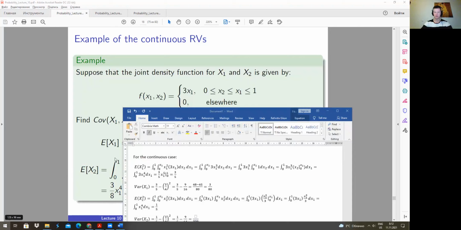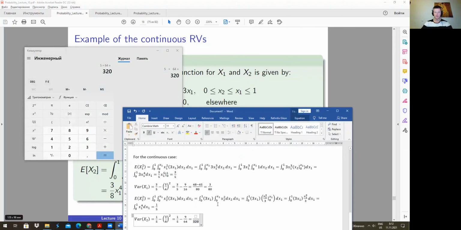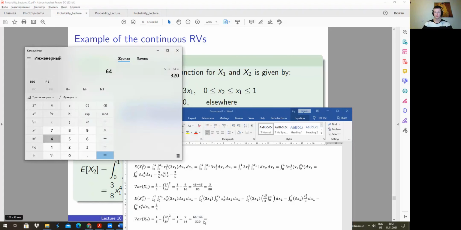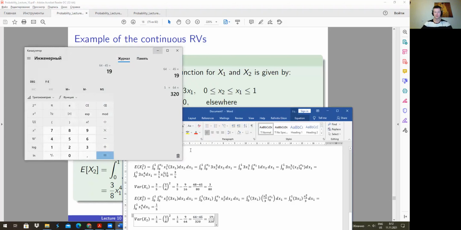Let me check: 5 times 64 is 320. Now here we have 64 minus 45, and 64 minus 45 is 19 over 320. So this is the variance of x2.